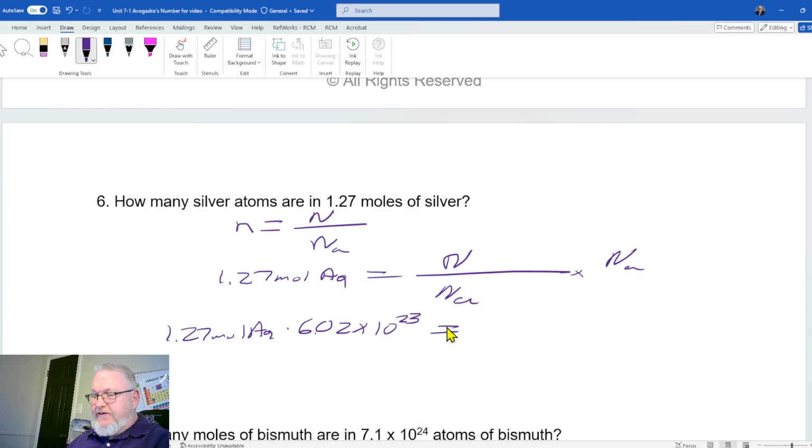So I got 7.65. That's a lot of atoms. 7.65 times 10 to the 23rd atoms of silver. Let's do another one real quick. Why not?